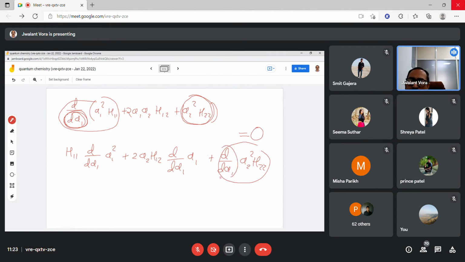If you forcefully carry out the differentiation of any constant, so answer will be equal to 0. d by d A1 of A1 square, that will be equal to twice A1. d by d A1 of A1 is equal to 1, twice A2 H12.